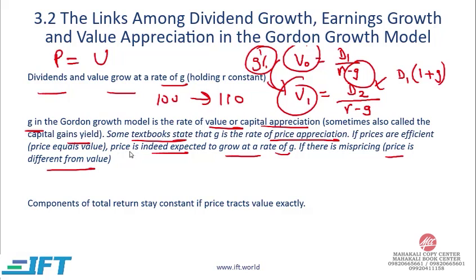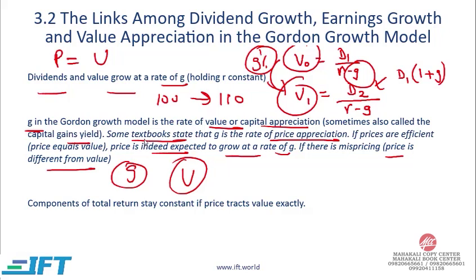But theoretically, G stands for the rate at which value is increasing, not the rate at which price is increasing or decreasing. Because changes in price also depend on what's happening with mispricing and whether the mispricing is going away or not. So just remember the fact that G refers to the rate of change of value.